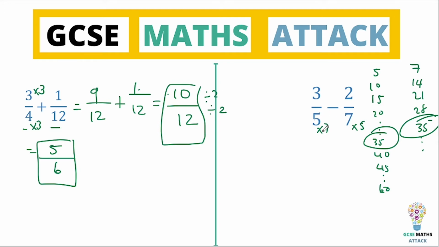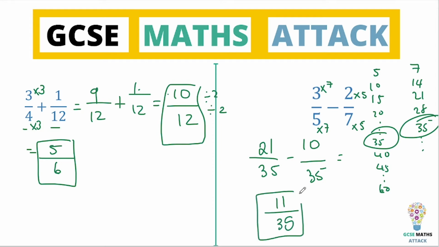So whatever I do to the denominators, I must do to the numerators. So 3 times 7 is 21, 5 times 7 is 35, 2 times 5 is 10, 7 times 5 is 35. 21 take away 10 is 11, and 35 remains the same because the denominators don't change.